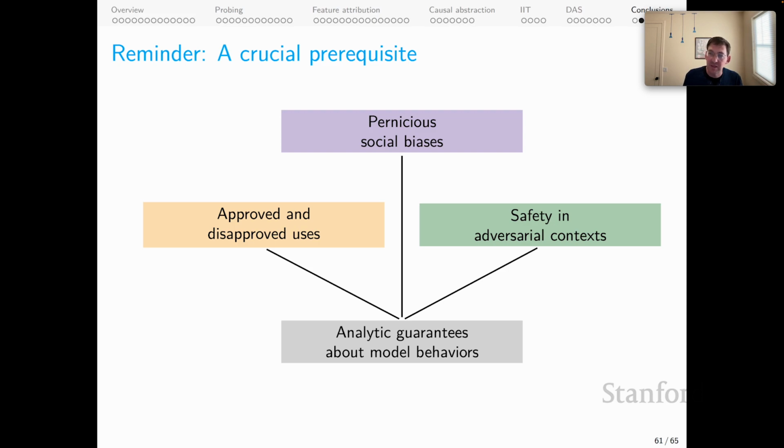I feel that we cannot offer guarantees about these issues unless we have analytic guarantees about the underlying models. And for me, that implies a truly deep causal understanding of the mechanisms that shape their input-output behavior. And for that reason, I think the analysis project in NLP is one of the most pressing projects for the field.